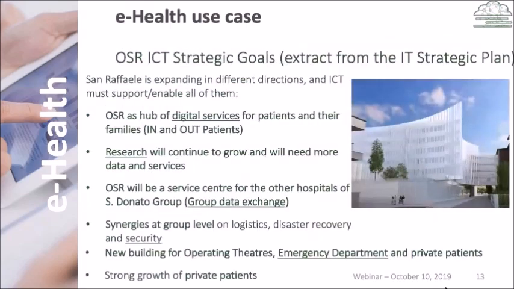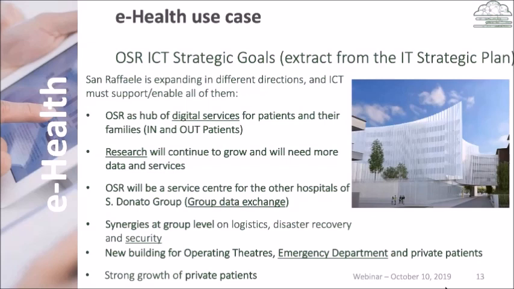Okay, now I want to show some ICT strategic goals of our institution, because these are important to understand the motivation for the selection of our specific DITAS health use case. San Raffaele is expanding in different directions these years, and the ICT must support this direction. OSR will be a hub of digital services for patients and their families.